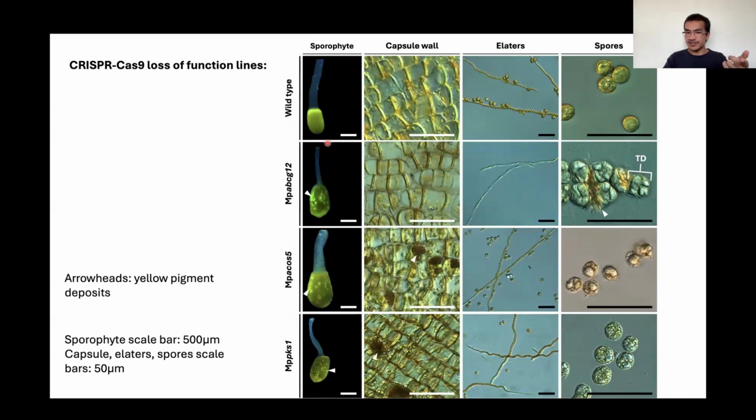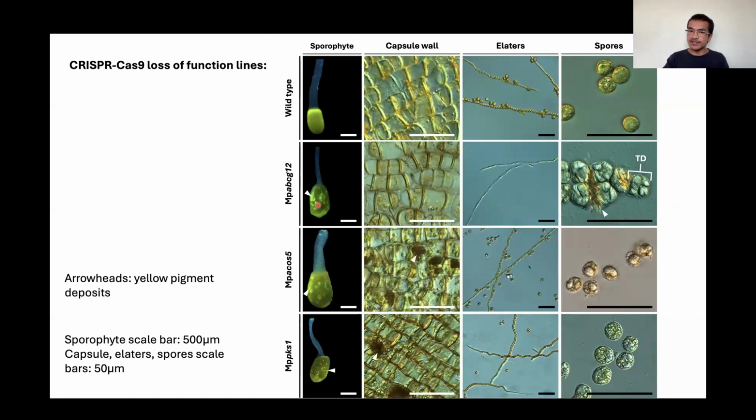a coloration defect. In wild-type sporophyte development, the yellowing of sporophytes happens at the very last stages of development. Throughout the last 5 days of development, spores turn from green to yellow very quickly. And we see that in all of the mutants of polyketide biosynthesis, this pigmentation is not deposited.